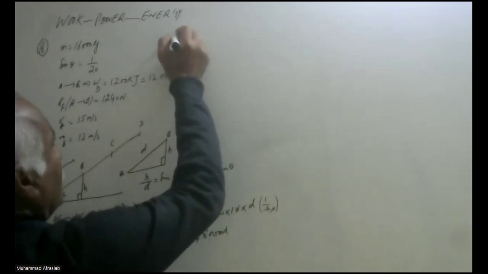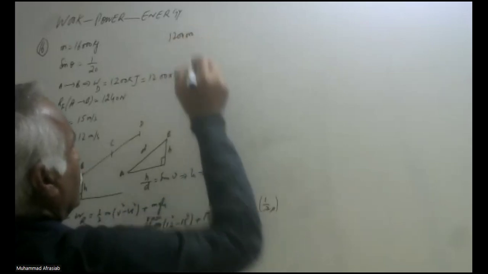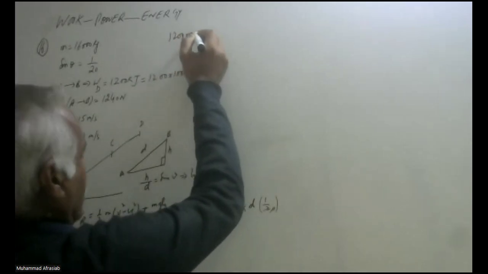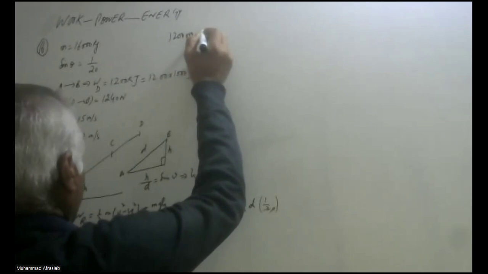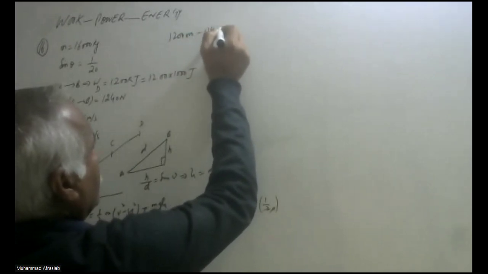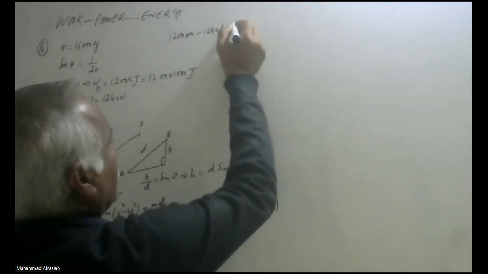So we can calculate this value as 1,200,000 minus 1240 d is equal to 8000 into minus 81 plus 8000 d.